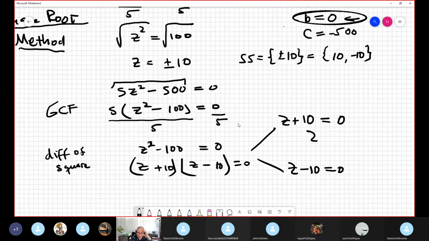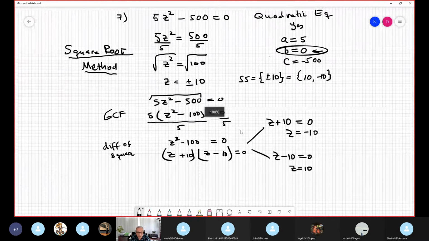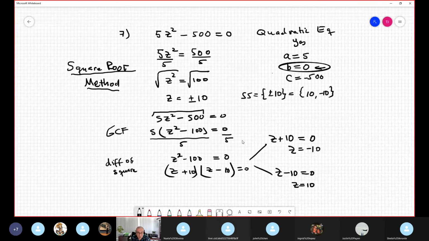It's obvious that c is negative 10 and c is positive 10. But it's too long. So in my opinion, the shortcut to do it super fast is the square root. What is the disadvantage of the square root? You need to remember that at the last moment, when you apply the square root, you put a double sign, plus and minus. It's the only sophisticated detail that you have to remember.